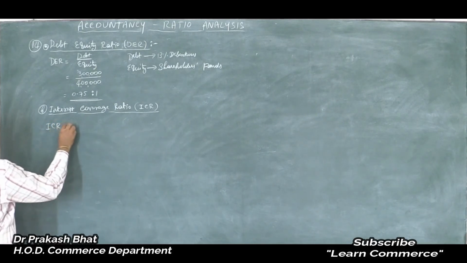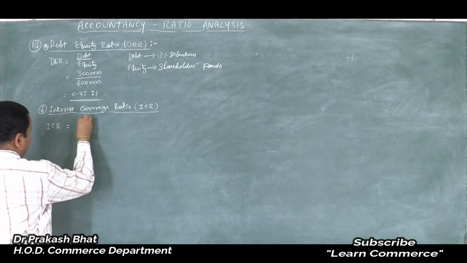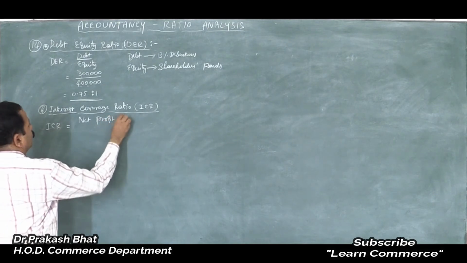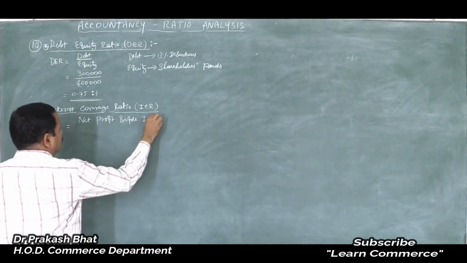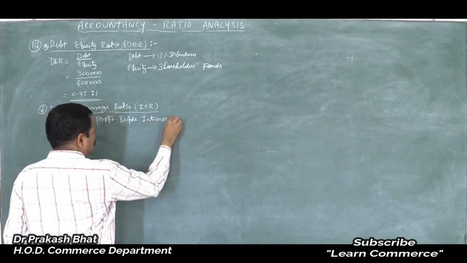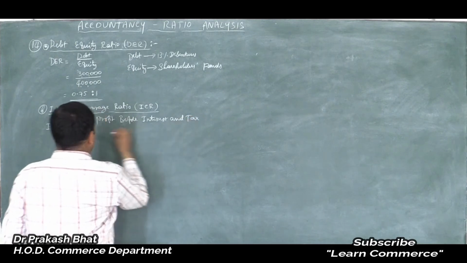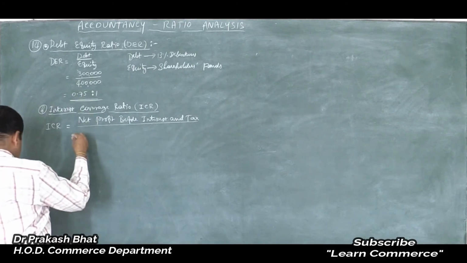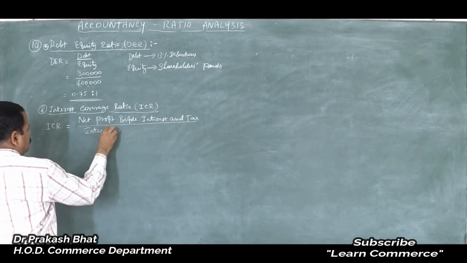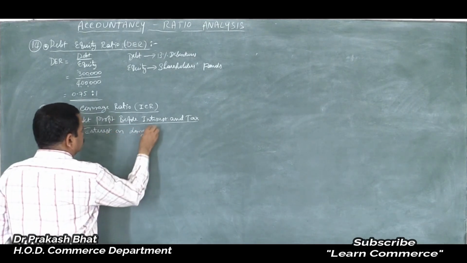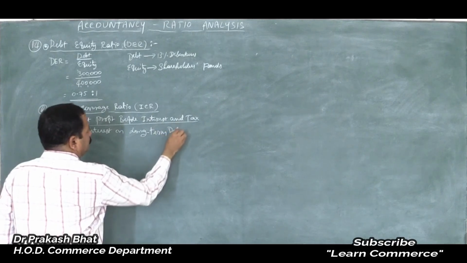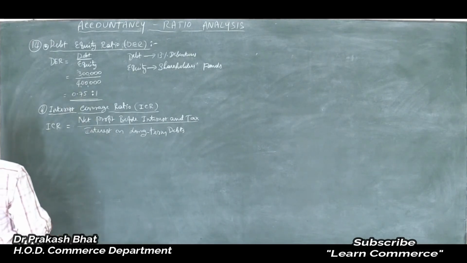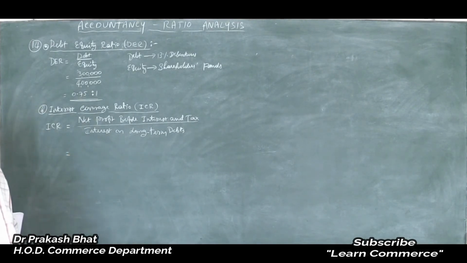Interest coverage ratio is equal to net profit before interest and tax divided by interest on long term debts. How do you have to calculate this?